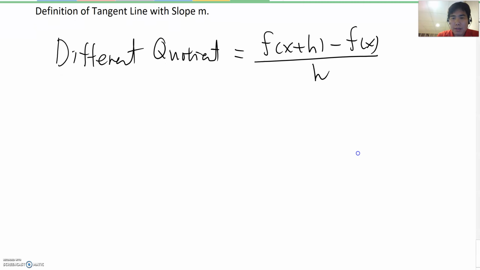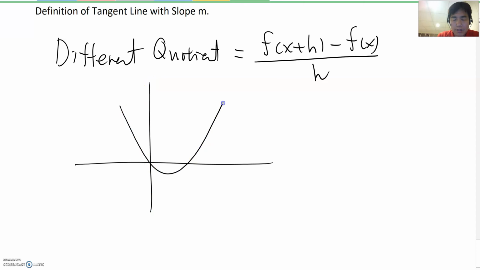Now we have maybe one curve like this, and I'm going to set up this is my x value. Then wherever I determine another x, maybe this part here, x2, I'm going to say x1.